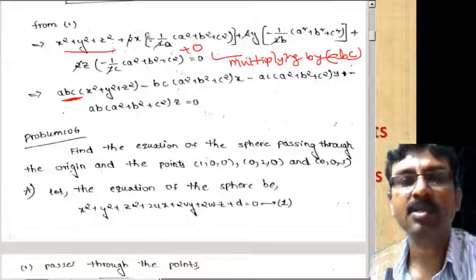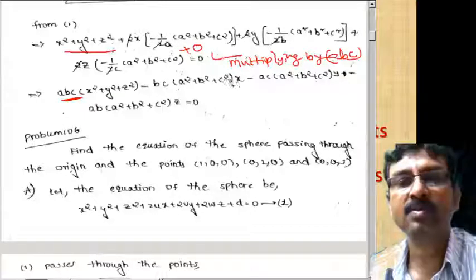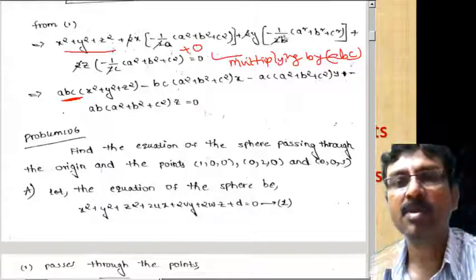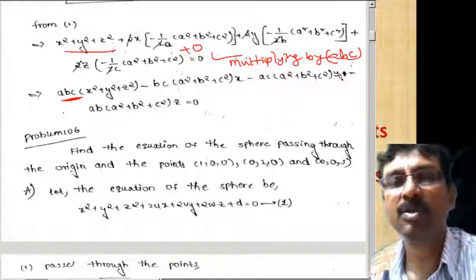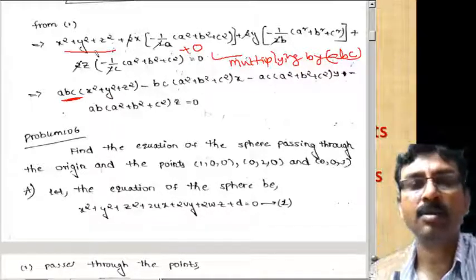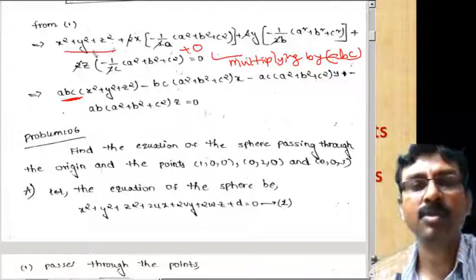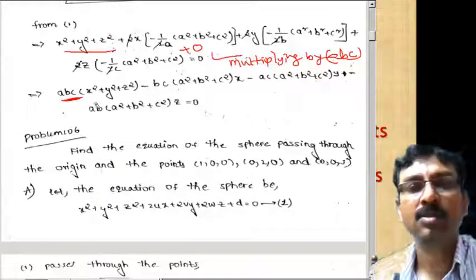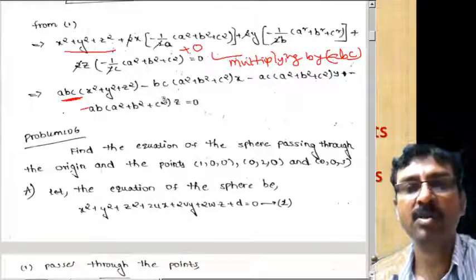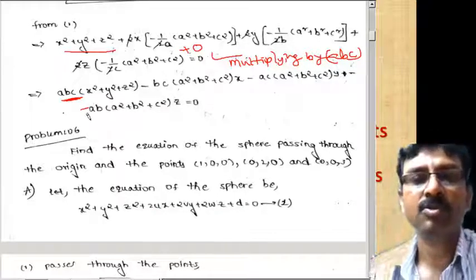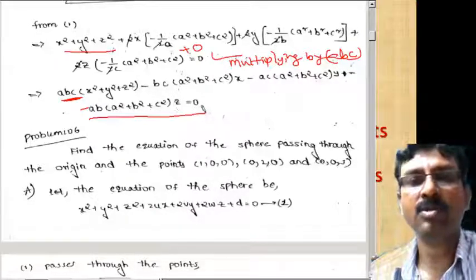Here a cancels, the remaining is bc, minus bc into a square plus b square plus c square. Similarly b cancels, remaining minus ac into a square plus b square plus c square into y. In the last term c cancels, so minus ab into a square plus b square plus c square into z equal to 0. So this is our required equation.